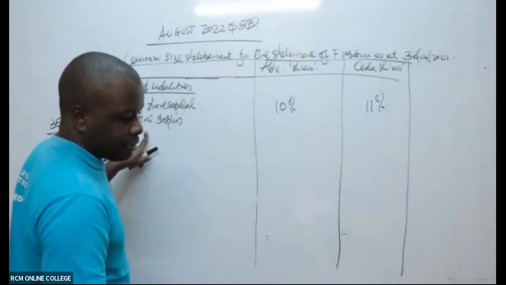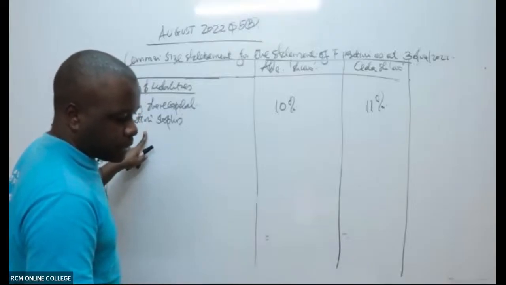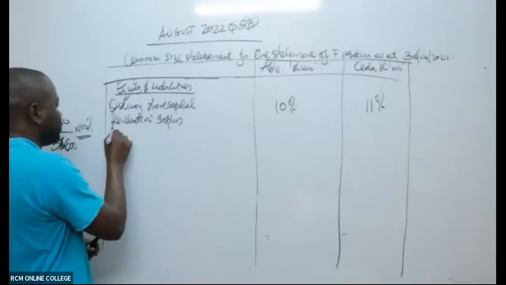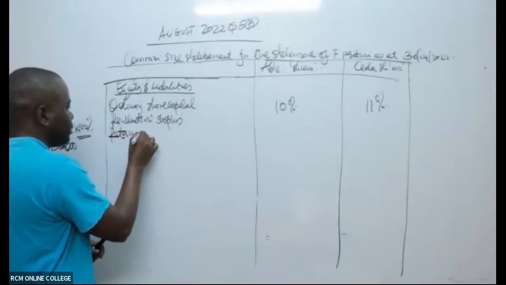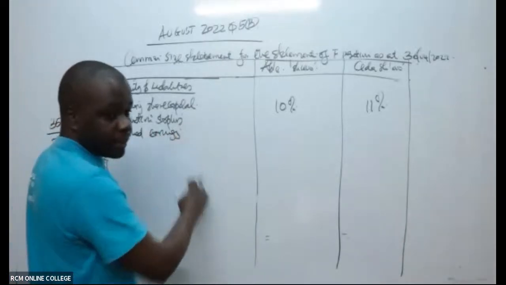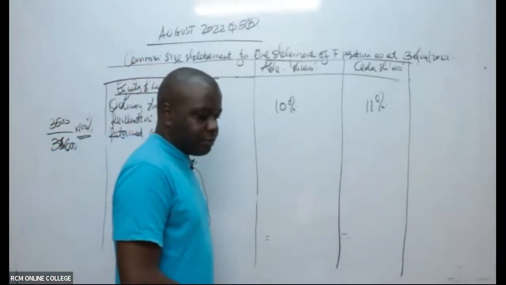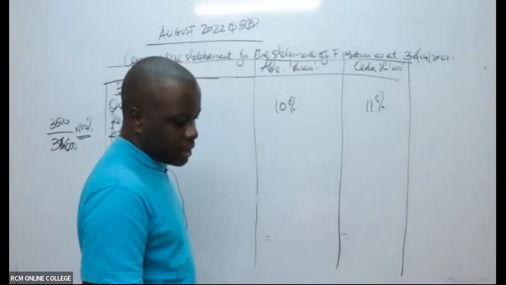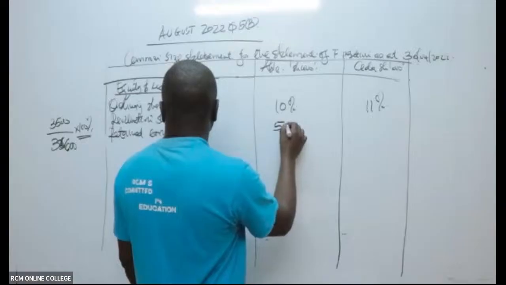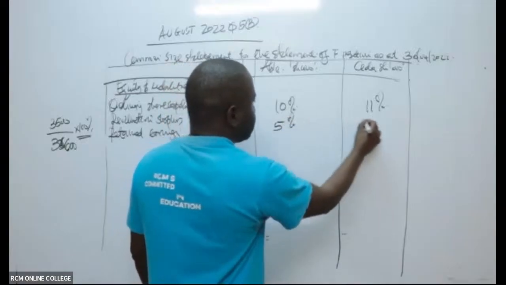We have revaluation surplus, then retained earnings. For revaluation surplus, 4.7, 5.2 and 4.7, so that is averagely 5%.